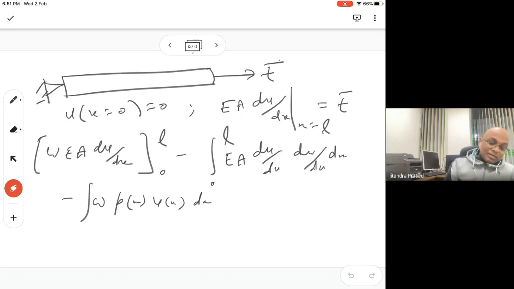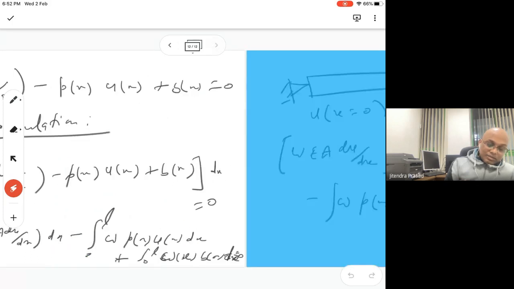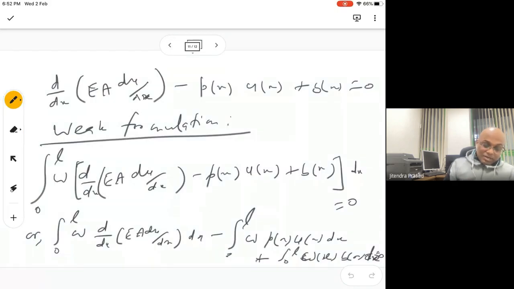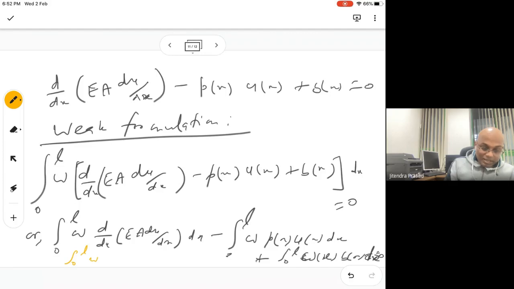Okay, that you are saying. See, this is already inside it. Let me explain here itself. So you have this one, and how can we write it? We can just write the integral from 0 to L, and let's say the first function is w, and we have integrated the EA du over dx completely.